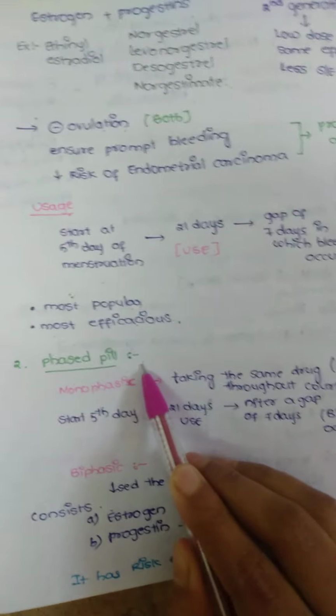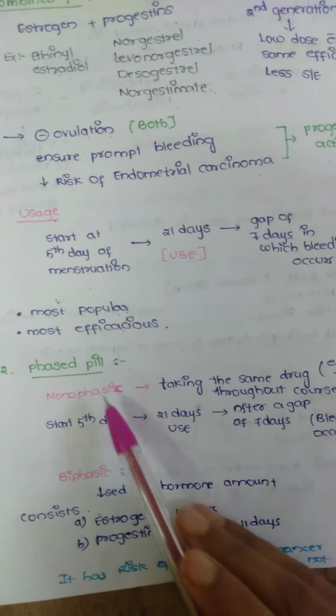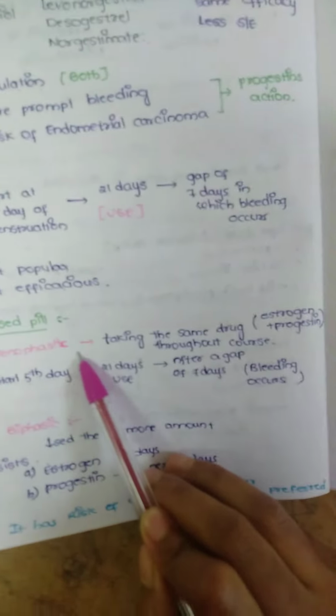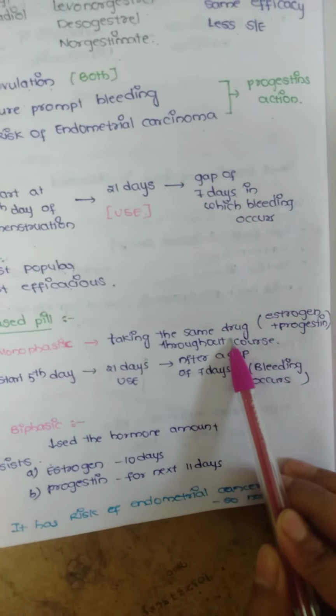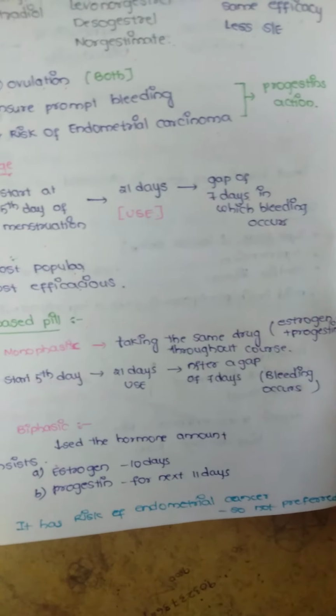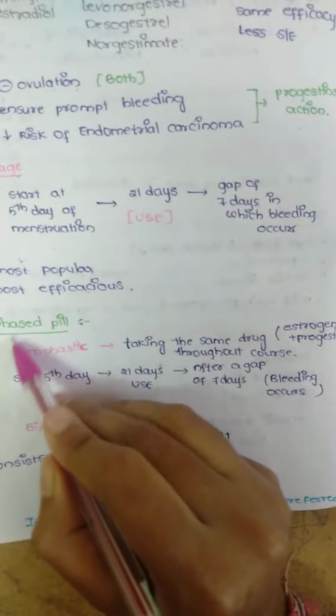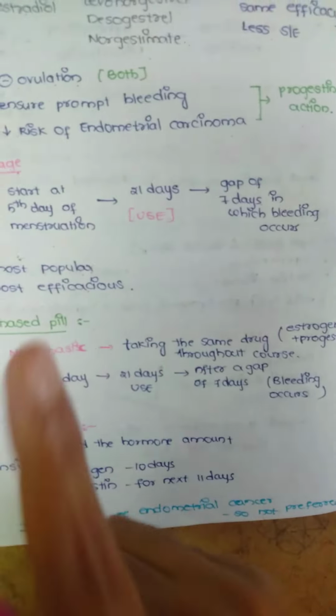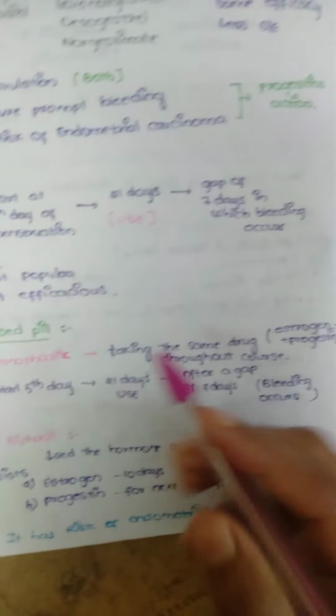The phased pill is the next one. In phased pill, there are three phases: monophasic, biphasic, and also triphasic ones. In monophasic pills, we take the same drug throughout the course. Mono means only one, phasic means throughout the entire course we only use that same drug.